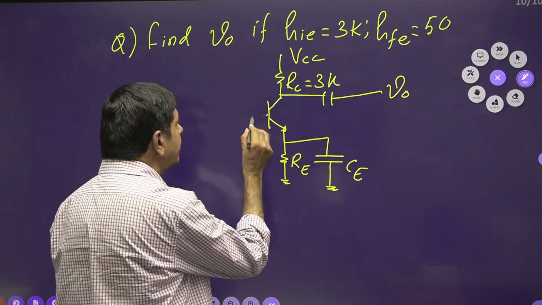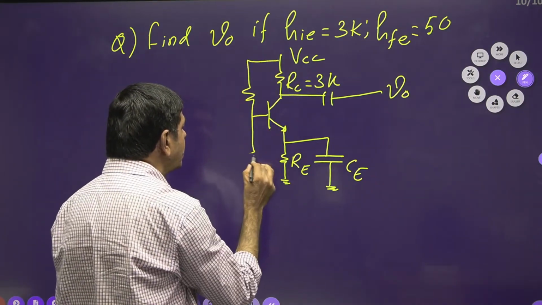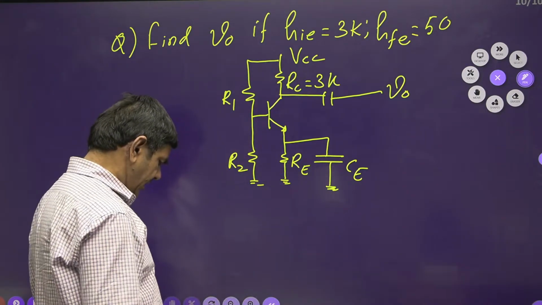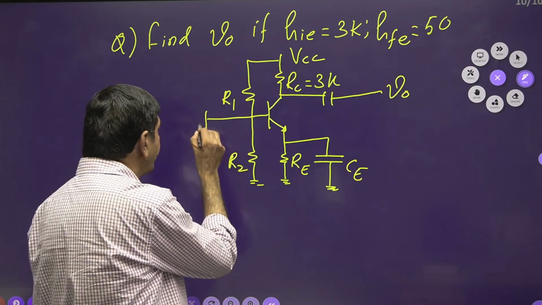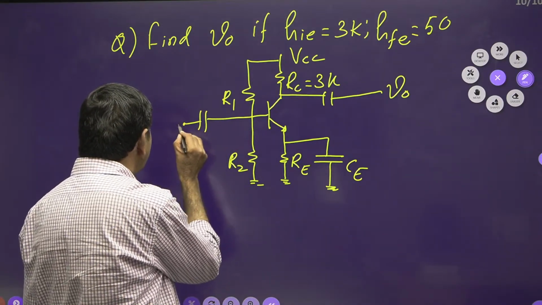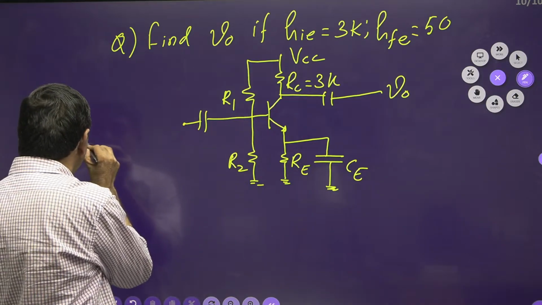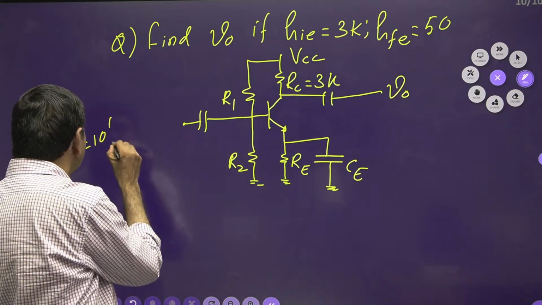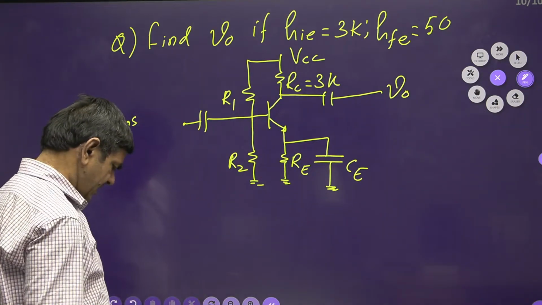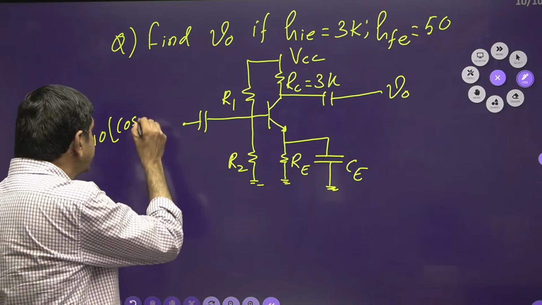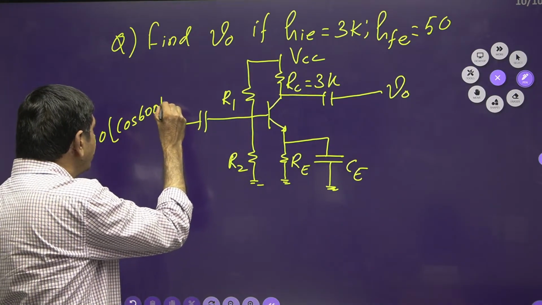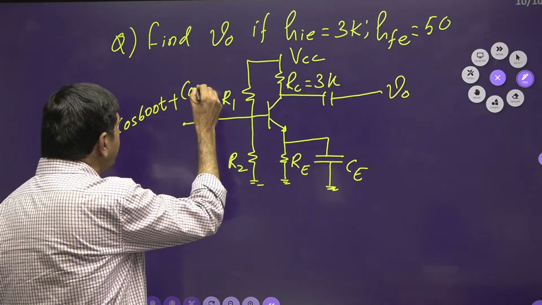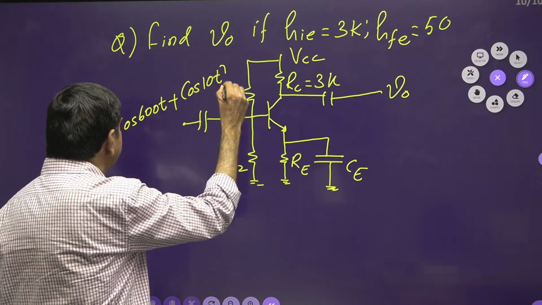And here R1 and R2 are given, no values, only R1 and R2. And the input voltage VI is given as 10 cos of 600t plus cos of 10t.